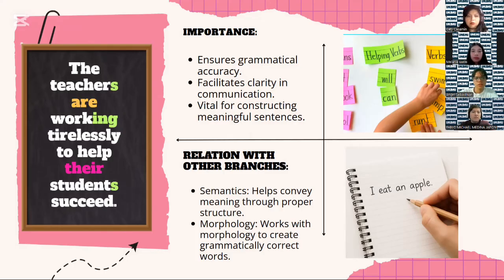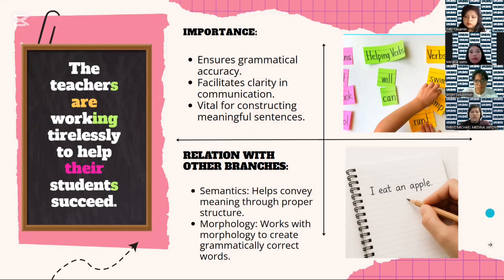Now, how does syntax connect to other areas of linguistics? It works closely with semantics because in order to express meaning, we need to arrange words properly. If the structure is wrong, the meaning can get lost. Syntax also connects with morphology. Morphology deals with the structure of words, while syntax deals with the structure of sentences.